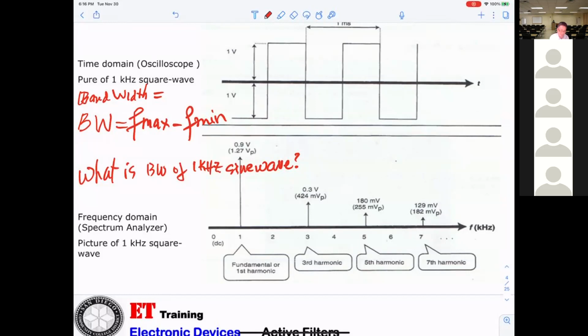Okay, tell me. F max equals 1 kilohertz, 1K. F minimum equals 0? So 0.